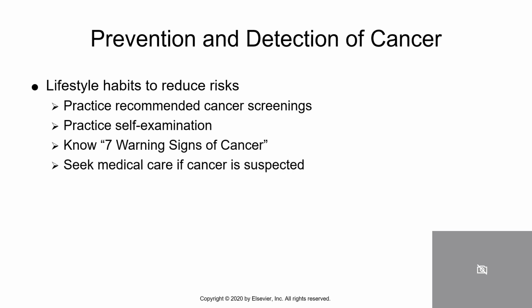Lifestyle habits to reduce risk, they really need to know what cancer screenings are appropriate for that population. If there's a self-examination that is applicable to the patient, they need to be performing that. Knowing the 7 warning signs of cancer and knowing when to seek care if they suspect that they do in fact have cancer.